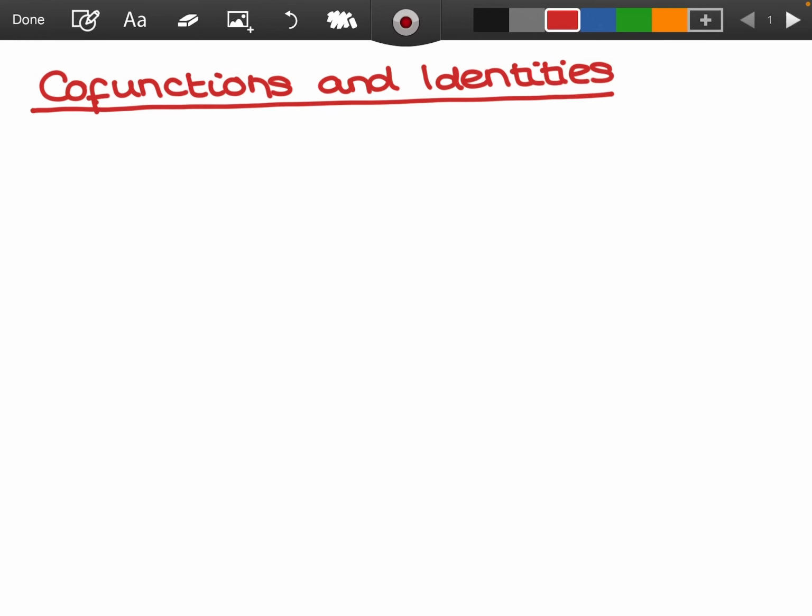We saw this in our last video where we looked at 30 and 60 degrees. We found that sine of 30 degrees equals cosine of 60 degrees and sine of 60 degrees equaled cosine of 30 degrees. 30 degrees plus 60 degrees equals 90 degrees, so they are complementary angles, and the sine and cosine of each one equaled one another.